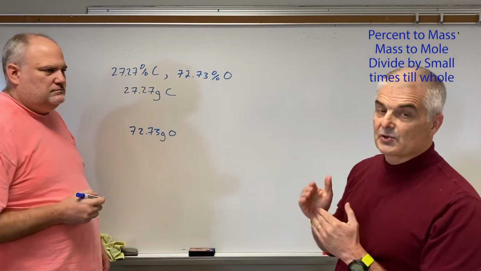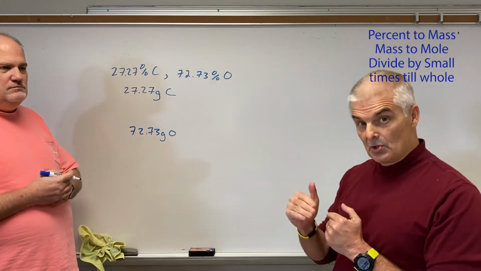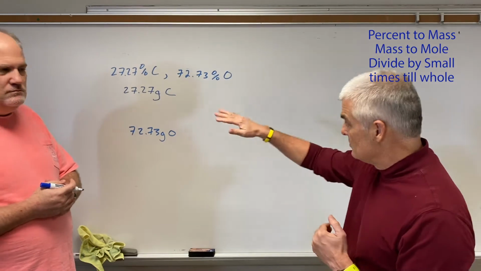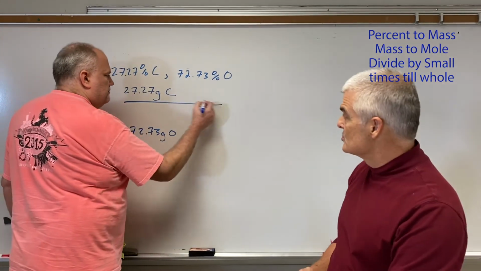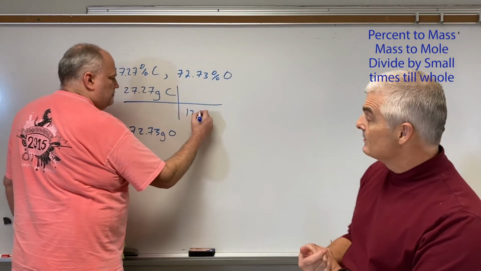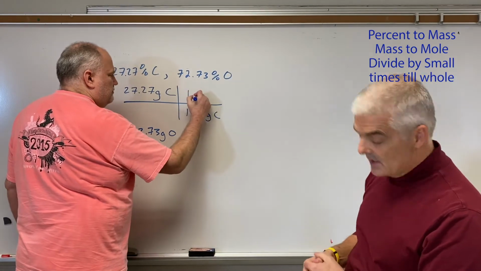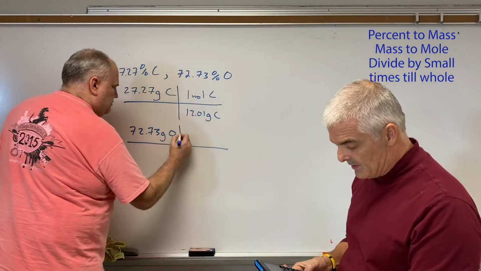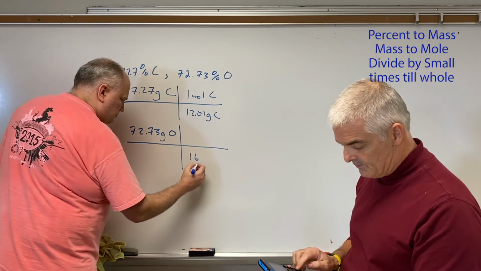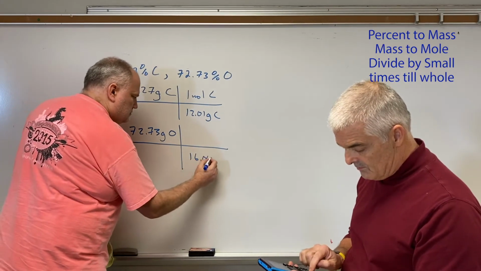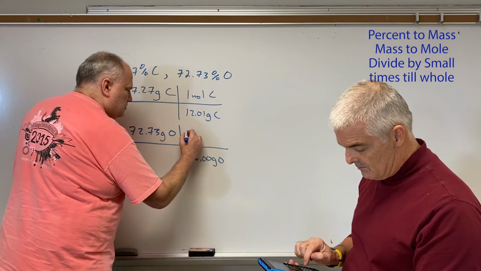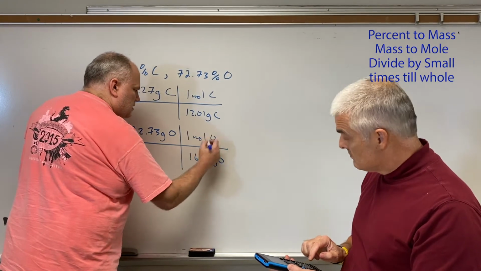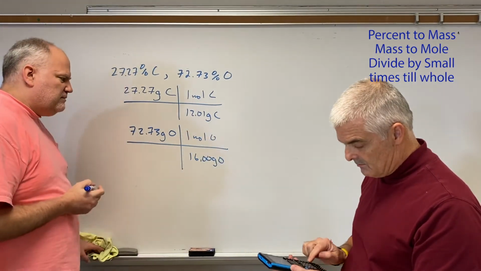And now we want to say percent to mass, mass to mole. So let's convert both of them to moles. We do a mole conversion, just simple gram to mole, one stepper, right? 12.01 grams into 1 mole. So now I'm going to figure out the other one. You set that up and I'll do the math here. By the way, I'm using 16.00 grams of oxygen.